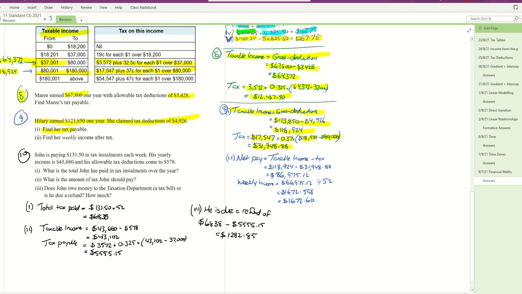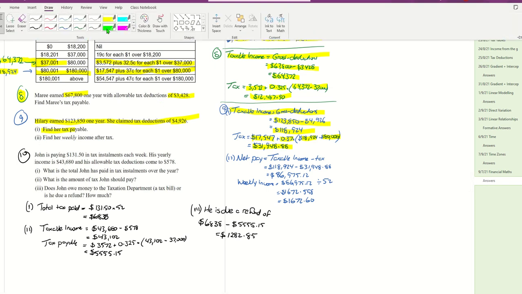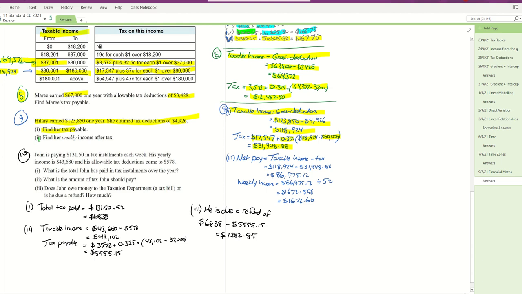Now, the next part of the question is a bit more involved. It is asking us for her weekly income after tax. So first, her pay after tax, her net pay: taxable income minus her tax, 118,924 minus the number we just found, 31,948.88.